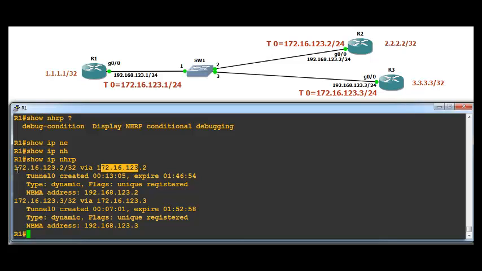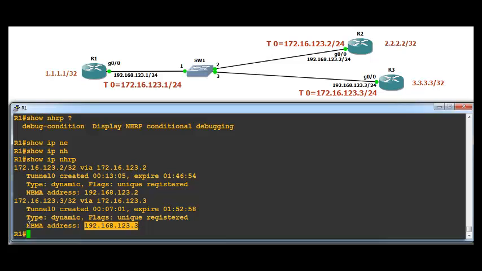But if I had a router here, I'd see the router's interface address as the final destination. Now it says in order to go to this tunnel IP address, you need to go to this physical address.